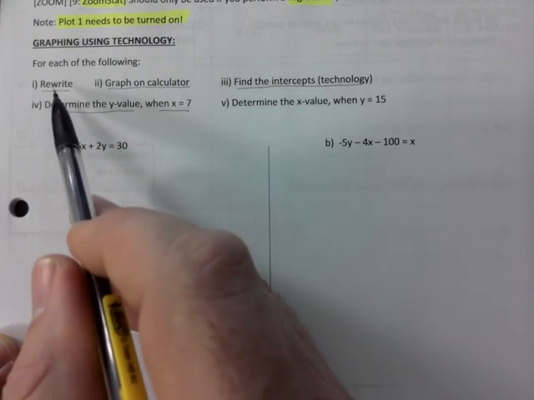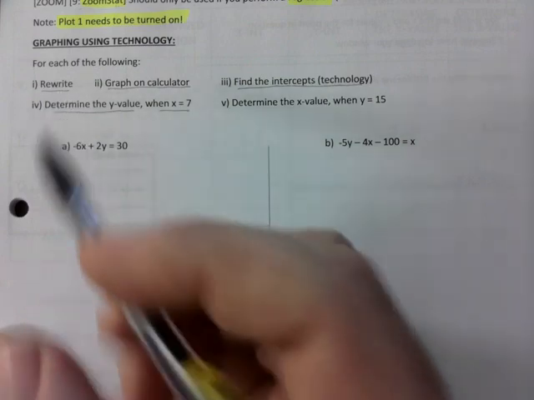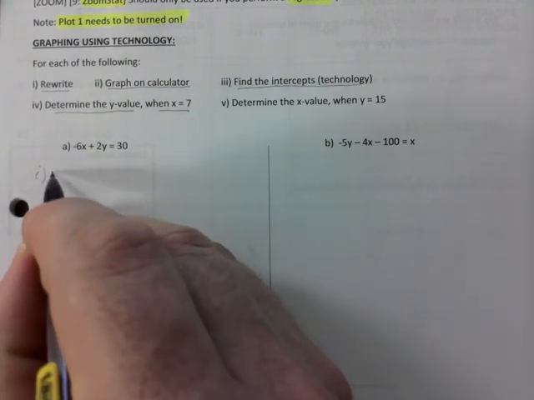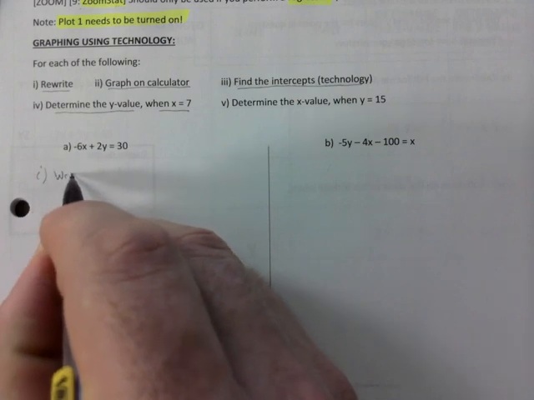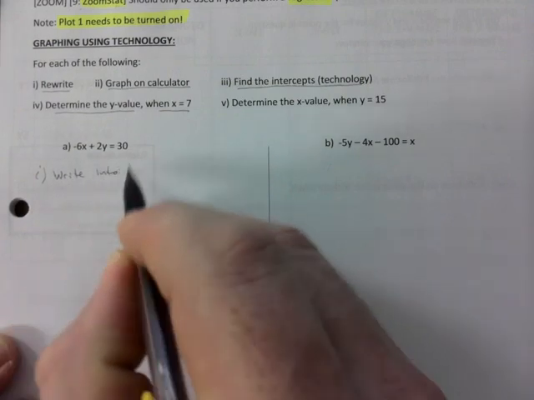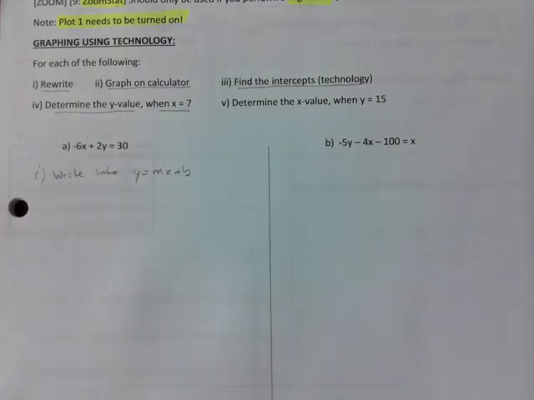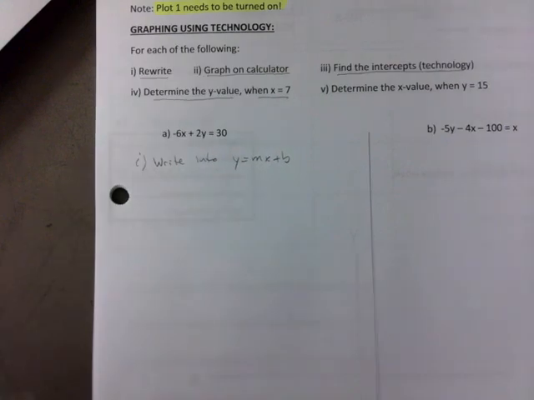What do I mean by rewriting? By that I mean write into y equals mx plus b. I'm going to zoom into that side for now because we're staying on that side. That way you can see a bit.